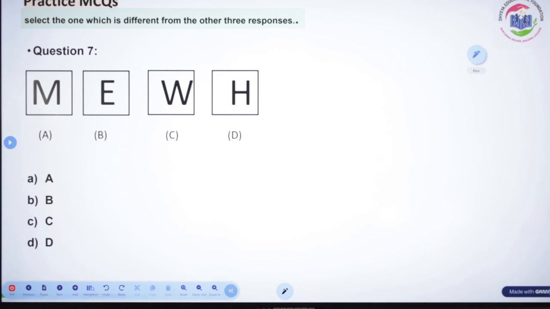Observe the first and how many strokes are required to draw that letter. Count this and you will find the odd one out figure.